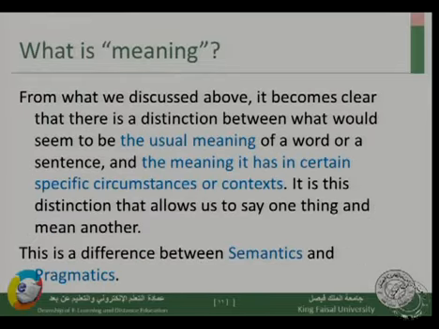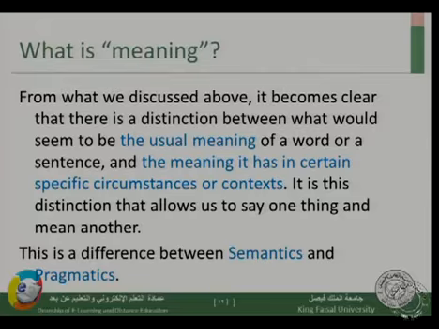From what we discussed above, it becomes clear that there is a distinction between the usual meaning, the meaning that we find in the dictionary, of a word or a sentence, and the meaning that it has in a certain specific circumstance or context. If you're looking at the situation or the context, you are looking at pragmatics.